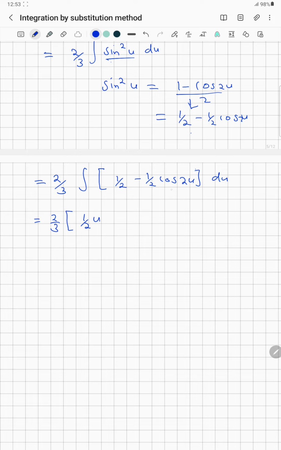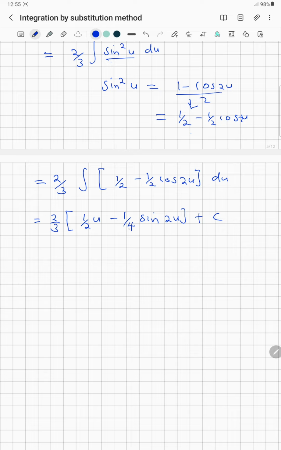Remember integration of cos is sine. You integrate cos, you get sine, so this one will be minus a quarter sine of 2u, sorry for that. So this one is 2u, and don't forget to add c.